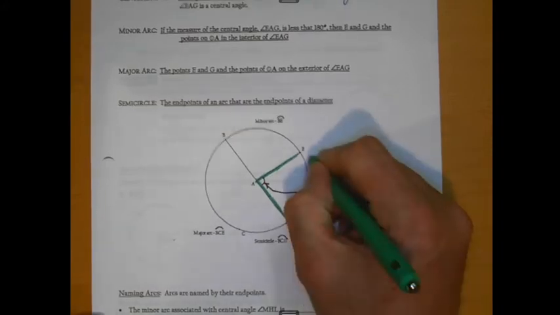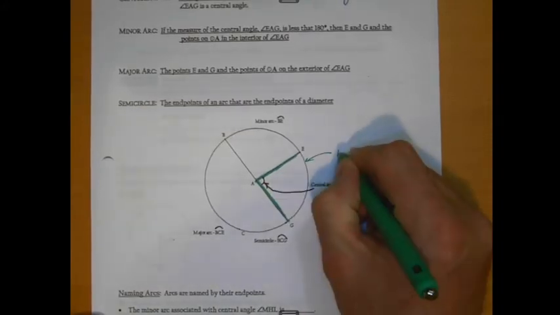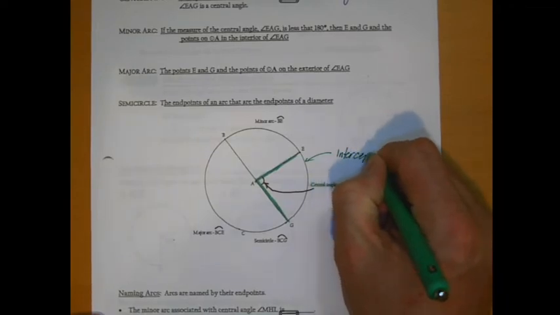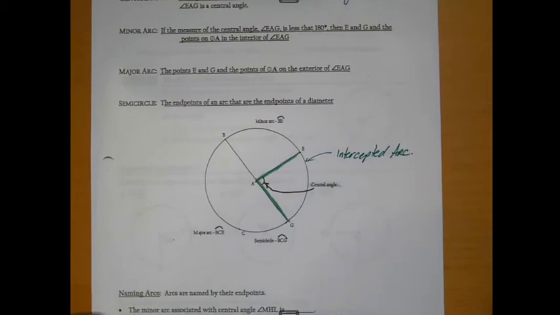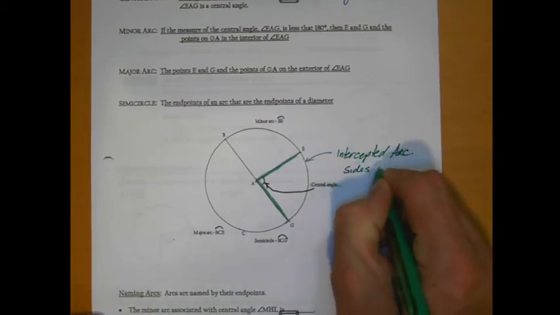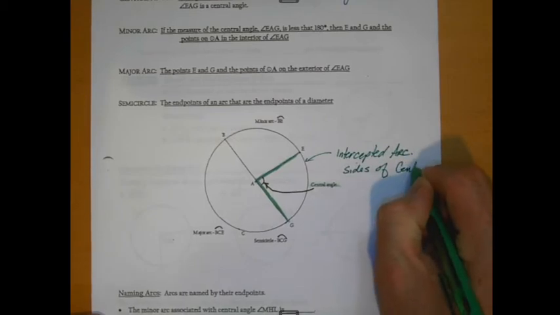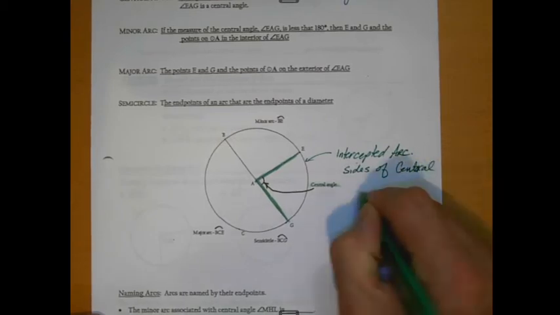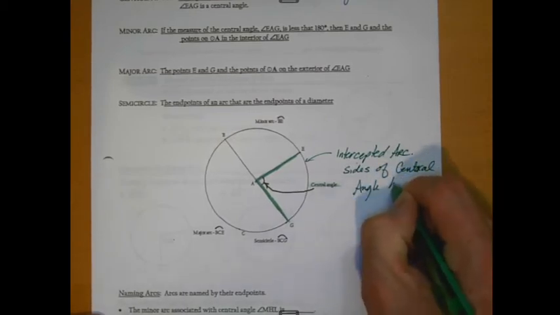So we can call that our intercepted arc as well. This is the intercepted arc. It is where the sides of the central angle hit the circle.